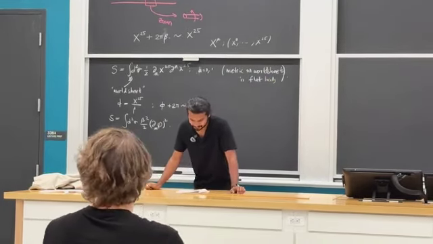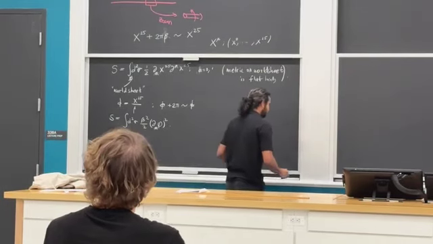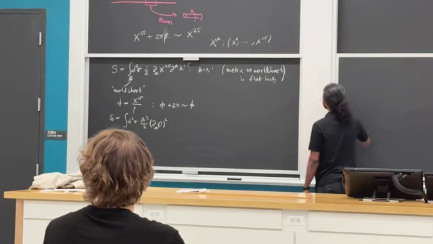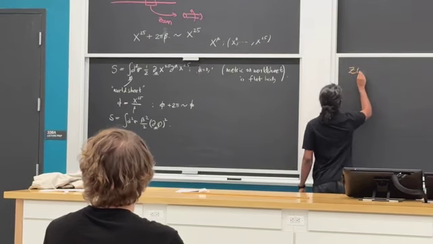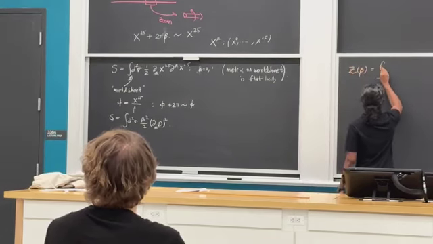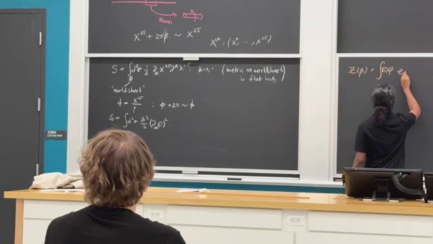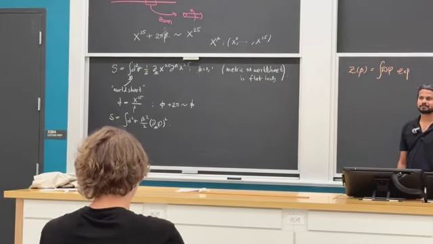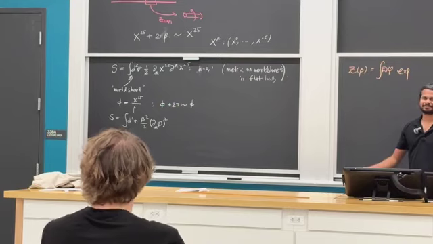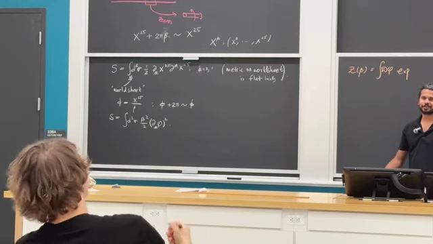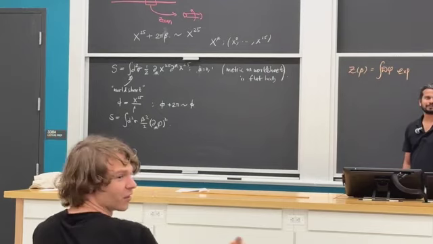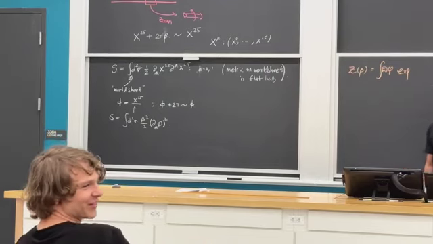So now the claim that we are going to prove is this. If I compute Z of beta, I assume everybody is familiar with path integrals. You saw it last time, 2 seconds ago.